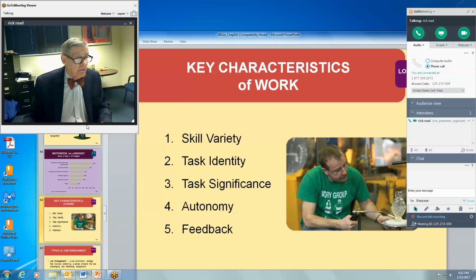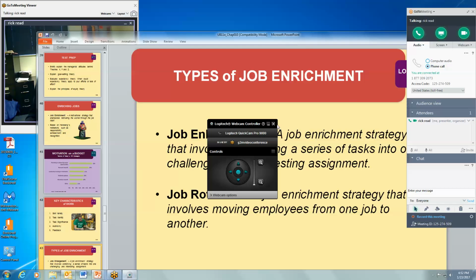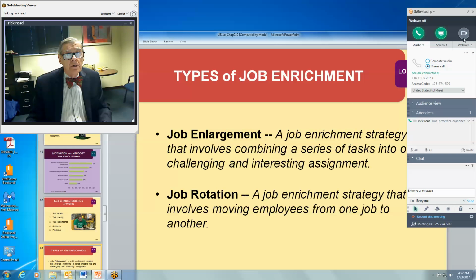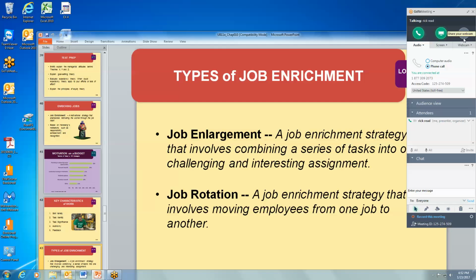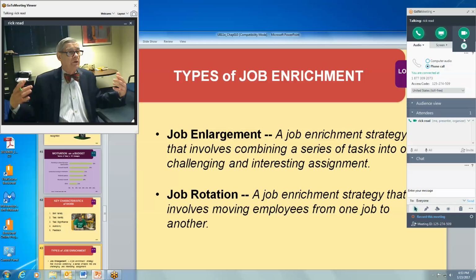There are several different types of job enrichment. Again, you can see these in the text, same page, page 283, down toward the bottom of the page. First is job enlargement. The second is job rotation. Job enlargement is a type of job enrichment which combines a series of tasks that used to be performed independently, think of being performed by others, into one interesting assignment.